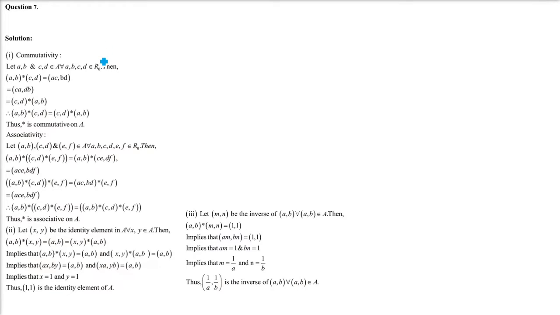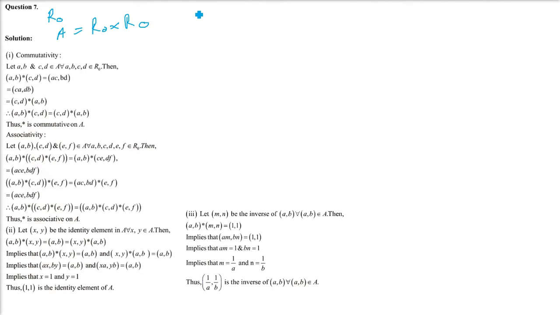Question number 7. Let R0 denote the set of all non-zero real numbers, and let A equals R0 cross R0, where the subscript is 0. If star is a binary operation on A, how is it defined?